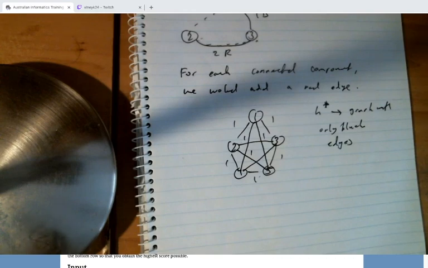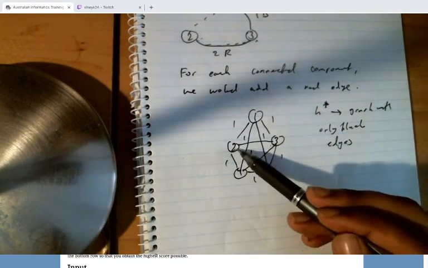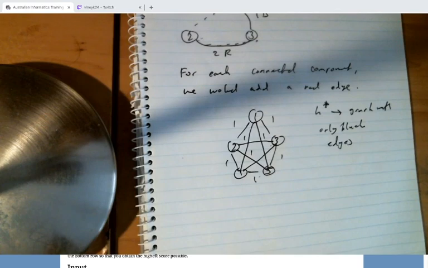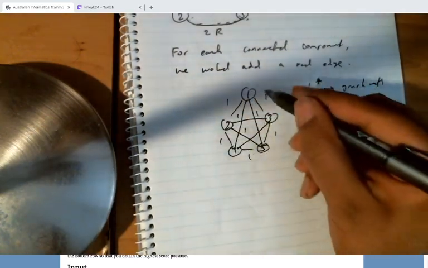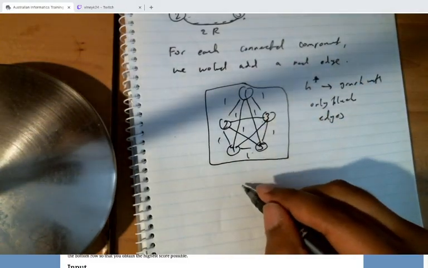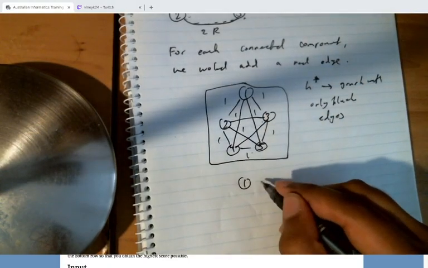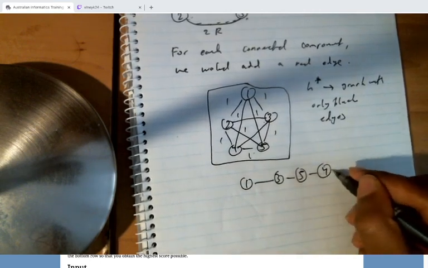So what we can do is we can go through the connected component itself, and for each pair of vertices, we can add an edge. So the way of going through a component that minimizes the number of edges is simply to have a cycle. So we know that if this is an actual component in our graph, when we traverse it, we would traverse something like, I don't know, 1, 3, 5, 4, 2.